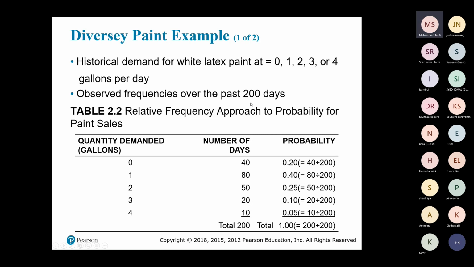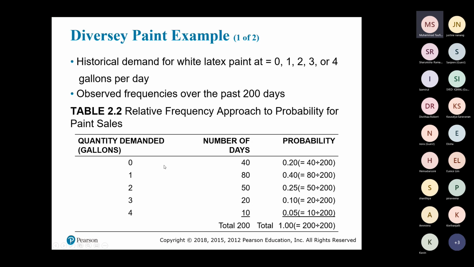So they observed the total quantity of paint sold per day in 200 days. And then after they collected the data, they sorted it by the number of gallons of paint sold each day. So here they already categorized it.